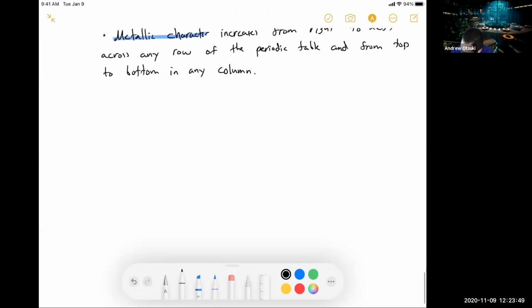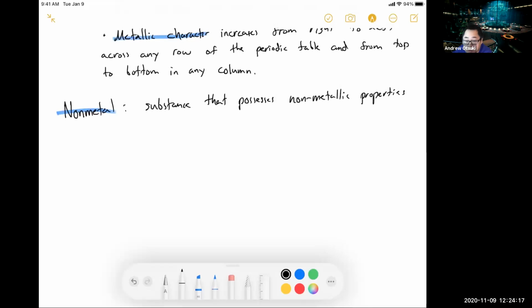Okay, so what does a non-metal do? Well, a non-metal is basically the opposite. It's a substance that possesses non-metallic properties such as being dull.